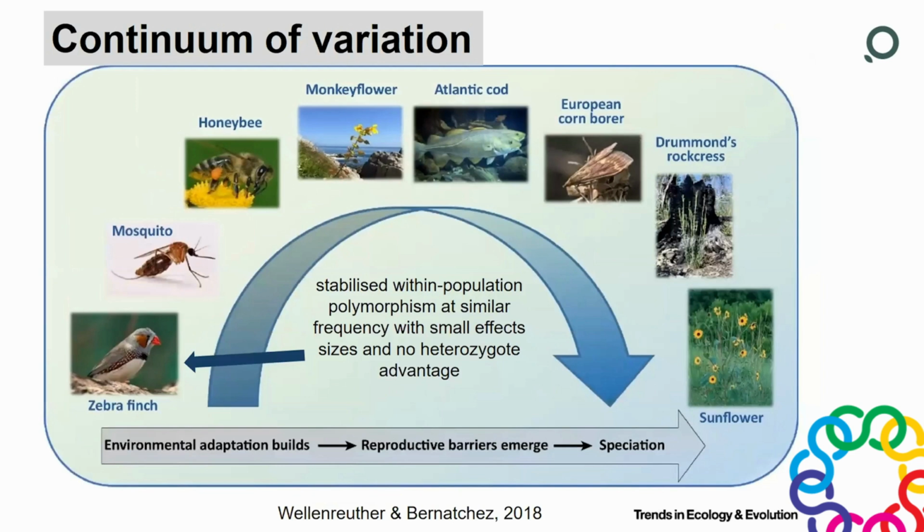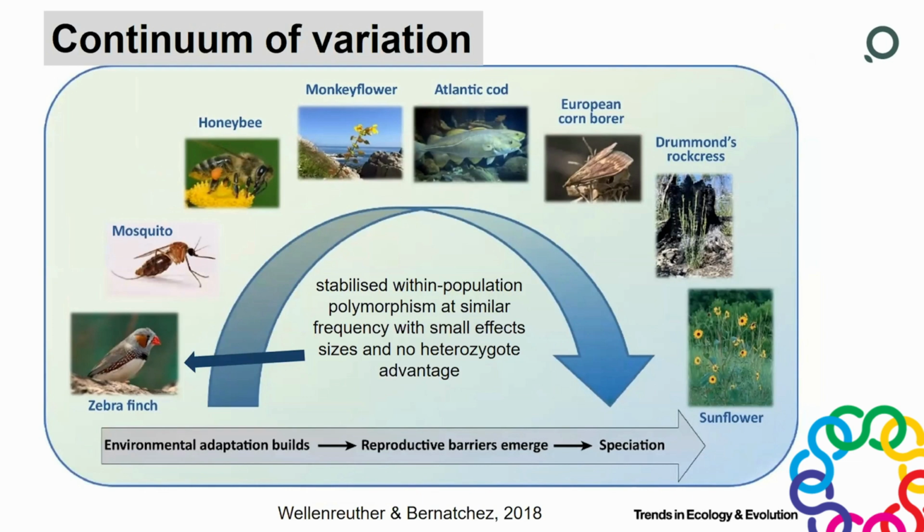And when you are looking at these species that have these inversion polymorphisms, depending on where they are at with regards to evolution, they span the whole spectrum of variation. And I will run you through some of these examples here.